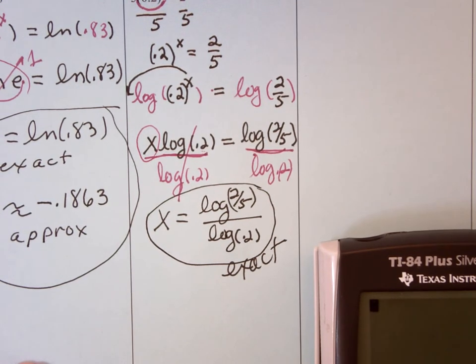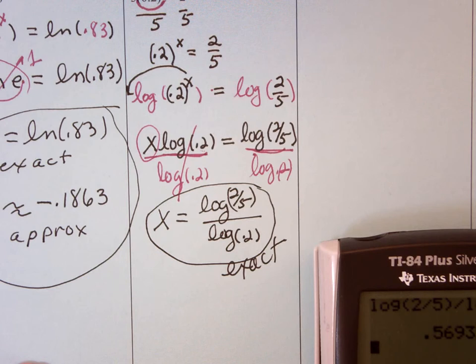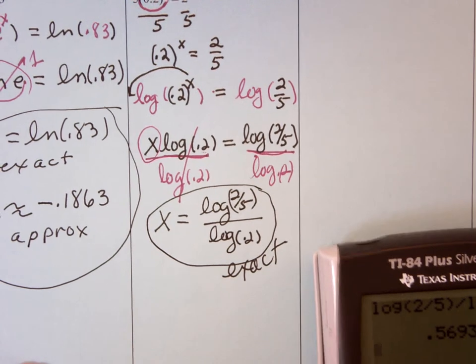And I think on your test, I had everything to about two decimal places. The log of 2/5 divided by the log of 0.2 is approximately 0.57.